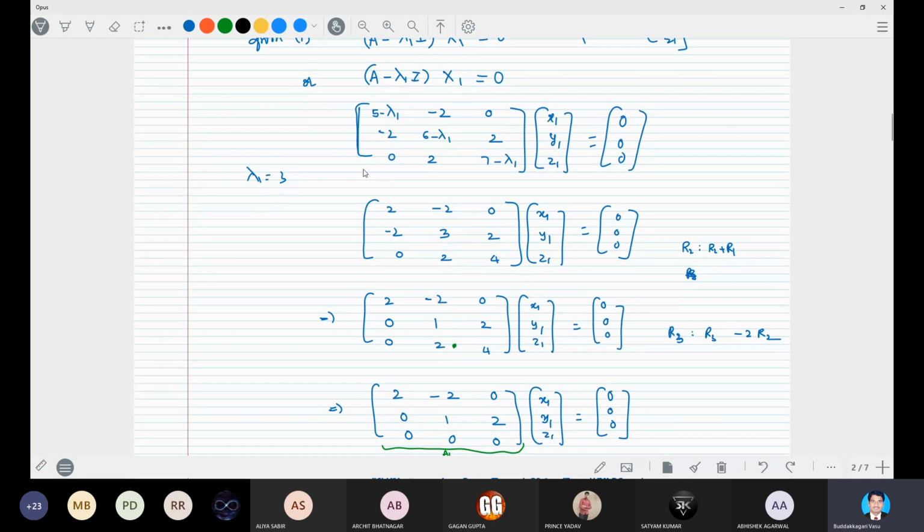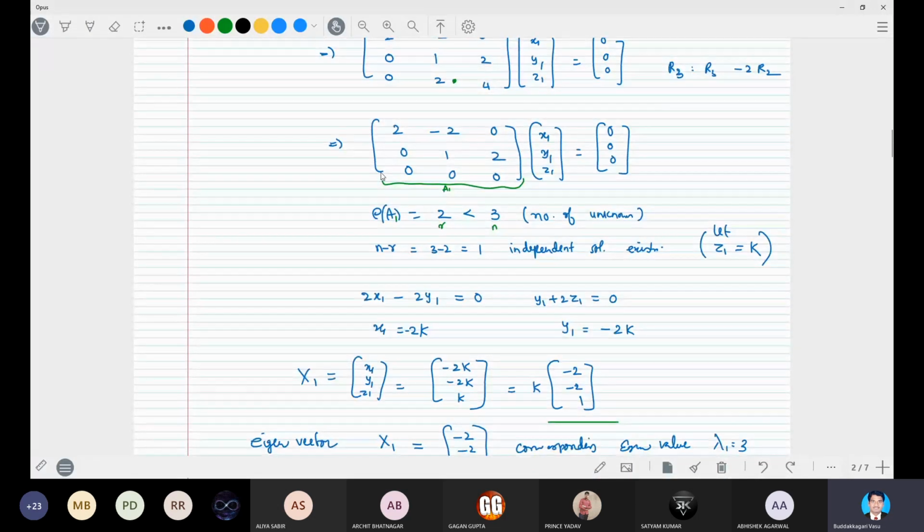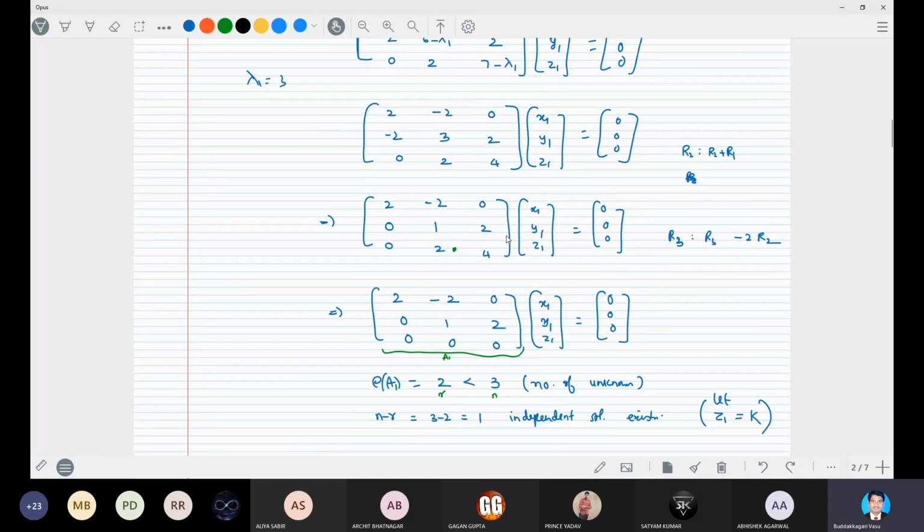Now putting lambda 1 equal to 3, you get it like this, and we solve this system of equations by reducing it to echelon form through elementary row operations. It will surely give you rank less than n. You know why rank is less than n?